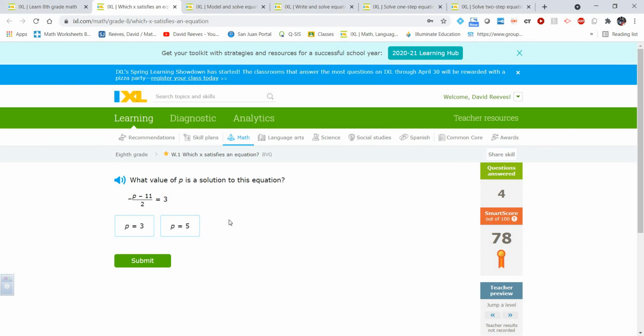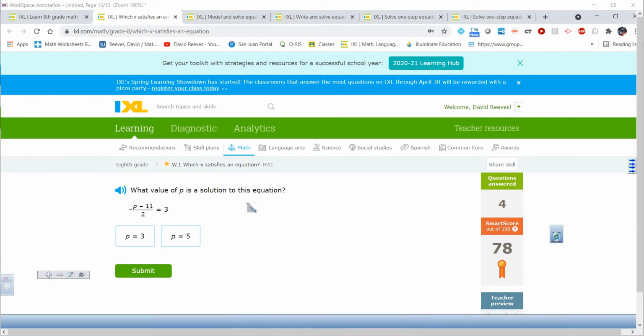All right, if you don't want to simplify, you could just plug it in. Remember, you could just see what works. I can try 3 minus 11 divided by 2 and see if that equals 3. Or I could try 5 minus 11 is equal to 2. Is that supposed to be a negative p there? Because neither of those are working as far as I can tell. I think that's supposed to be a negative p.